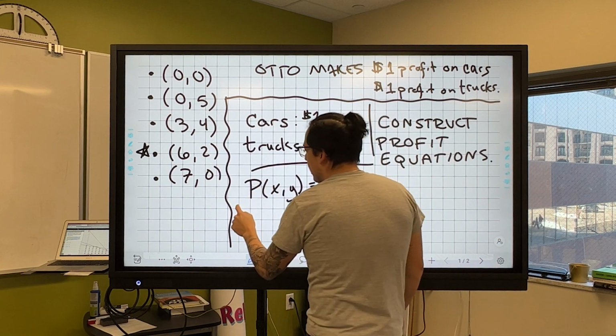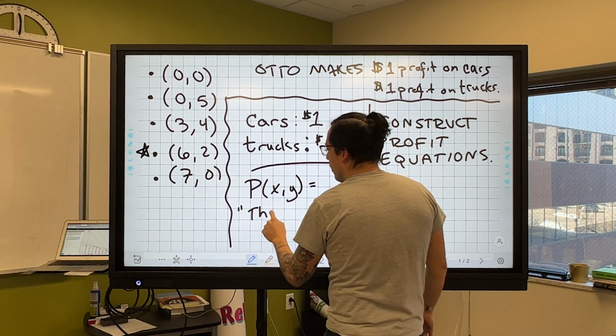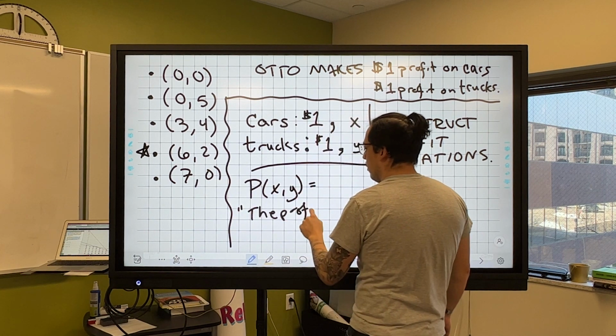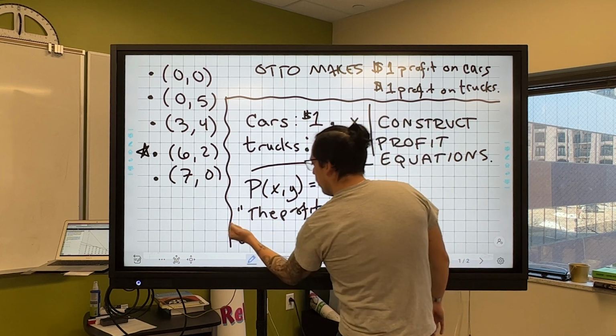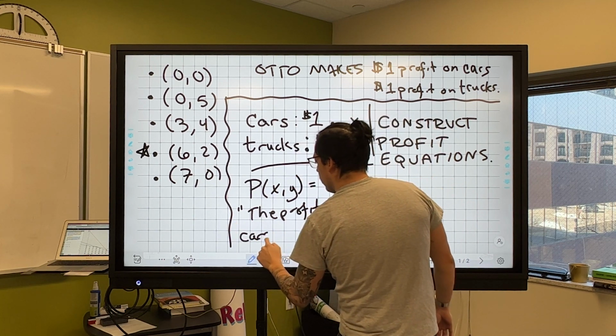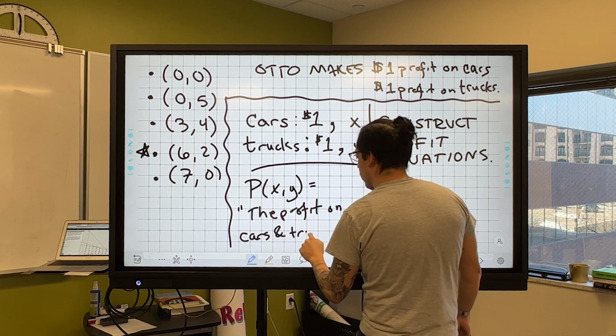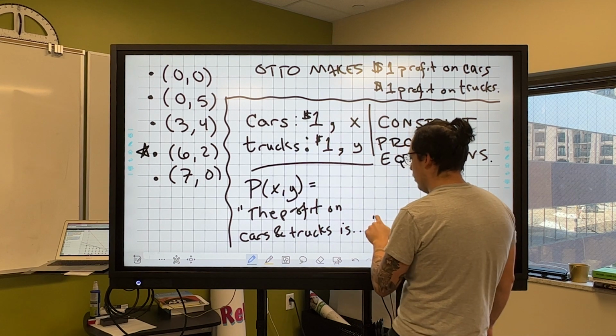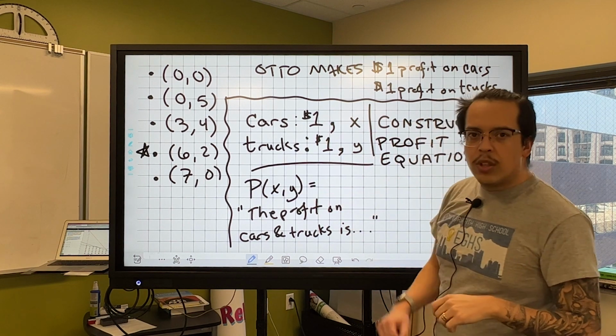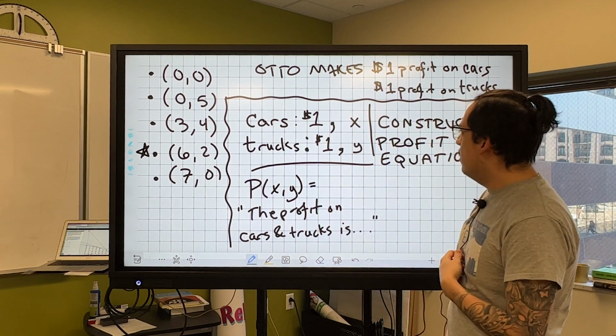And the way that we can think of this in English is the profit on cars and trucks is, and let's figure out what the profit on cars and trucks is.